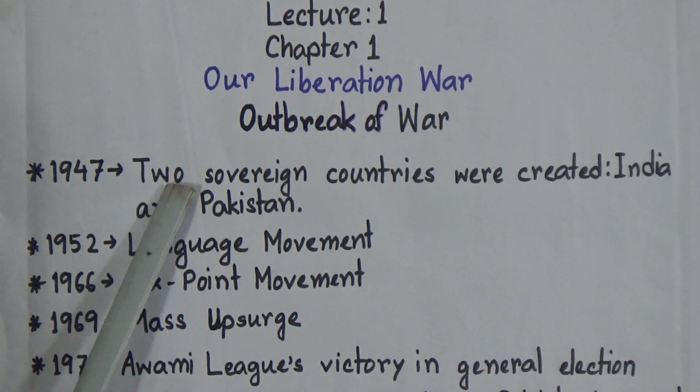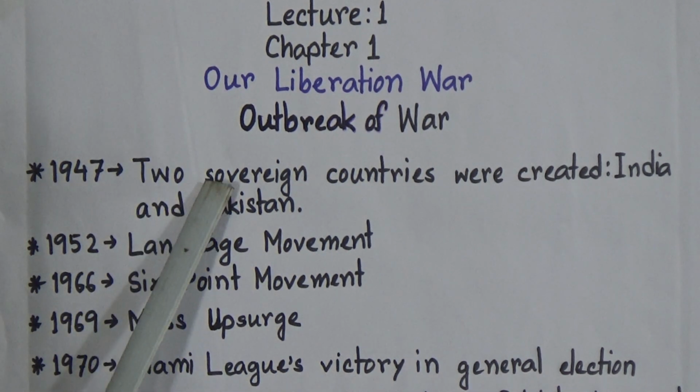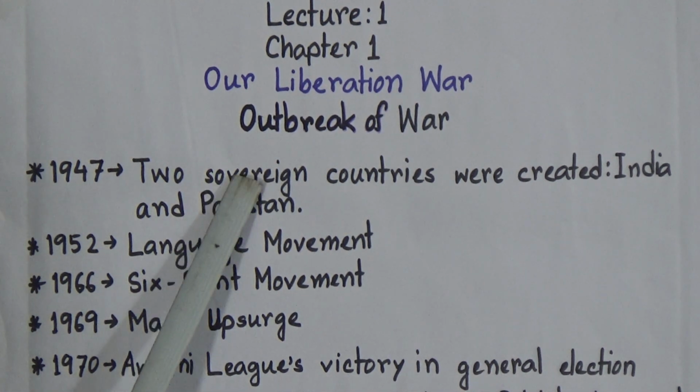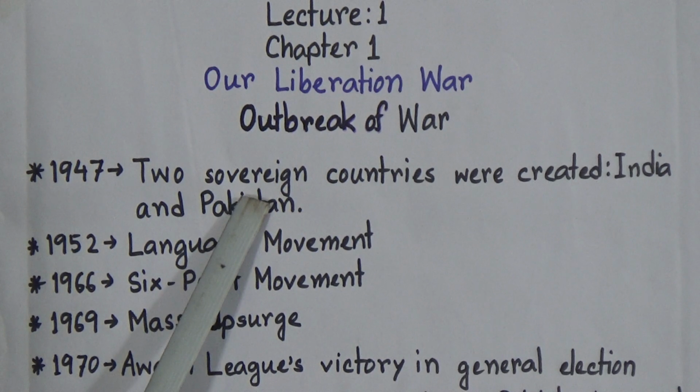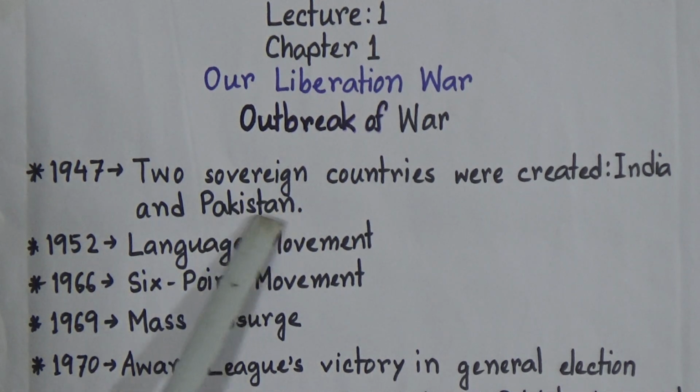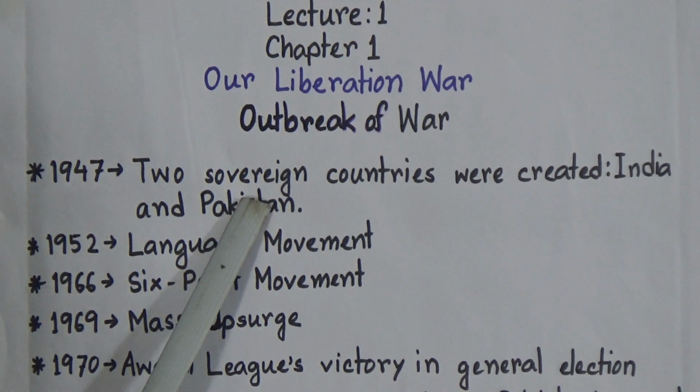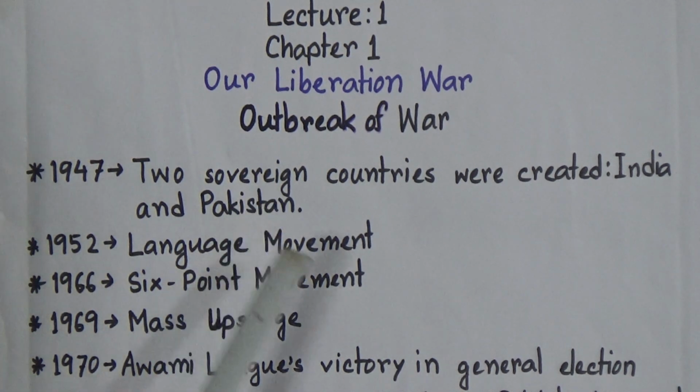Because of the Liberation War, we achieved our independence, and we also got our own land, our national anthem and our freedom. We also got our flag, which is green and red.